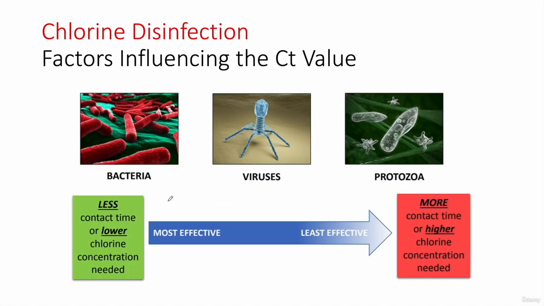Finally, the type of pathogens that I am removing. If my water has high levels of bacteria, then a small concentration of chlorine will be needed to remove the pathogens. For viruses, I need higher concentrations, and for protozoa, I need more contact time and the higher chlorine concentration.